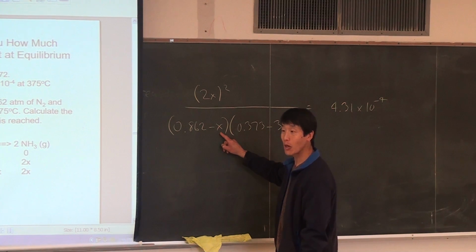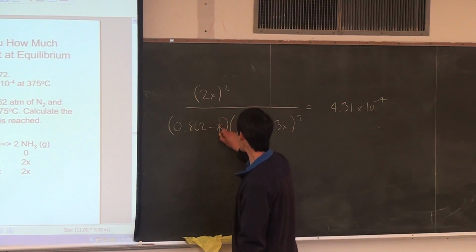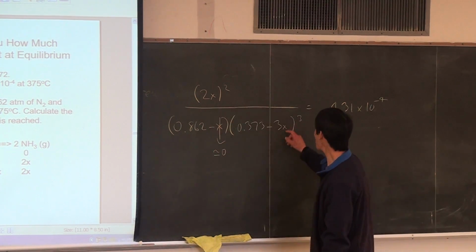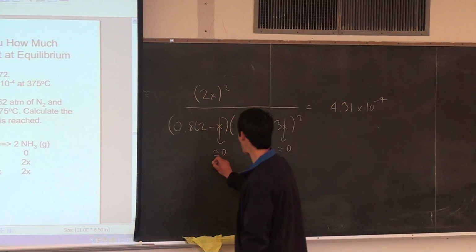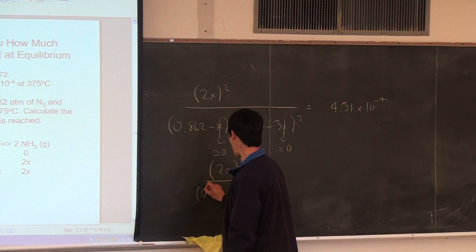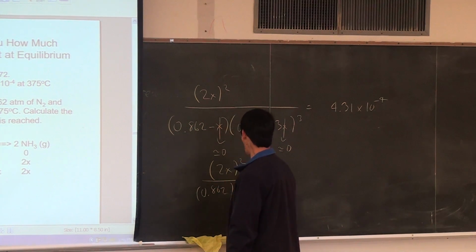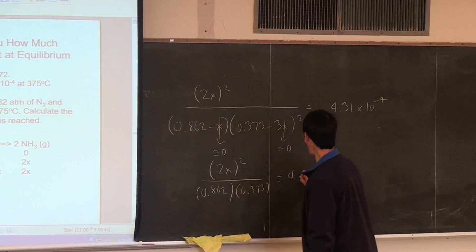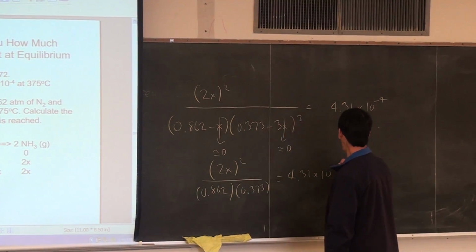Yeah, this should be very small. So since x is small, we can say this is approximately equal to 0. And that means that this is going to be approximately equal to 0. So this simplifies to this equation. We have 2x squared over 0.862 times 0.373, and that's equal to 4.31 times 10 to the minus 4.